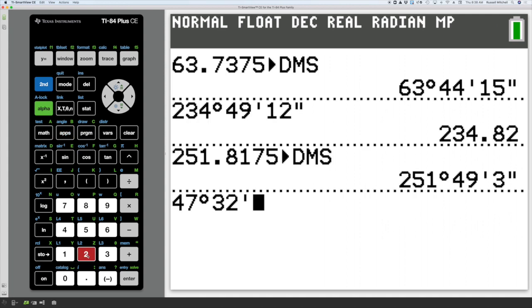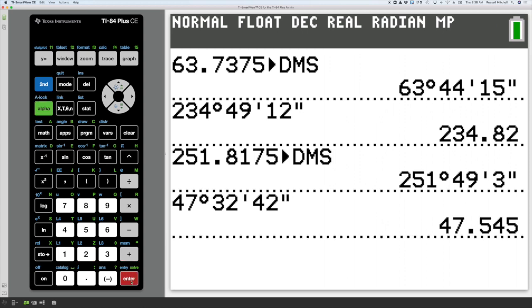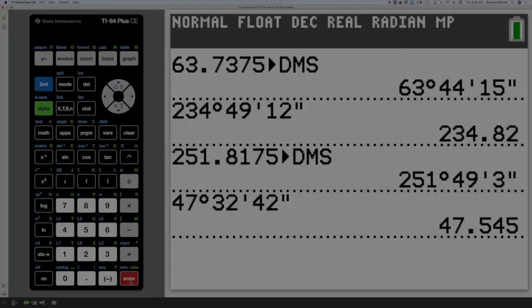Then it's 42 seconds, so 42. To get the seconds, we use this right here, the seconds unit. We press alpha because it's in green, and then plus, and there's seconds. Press enter, and 47.545 degrees. Okay, so we'll go back to our paper and we'll record these.